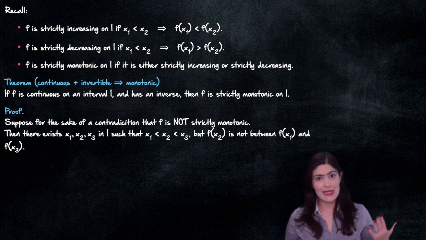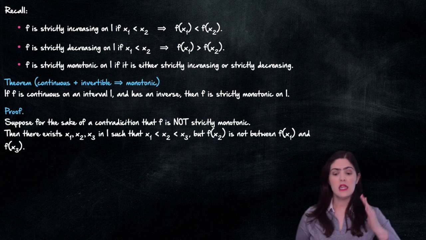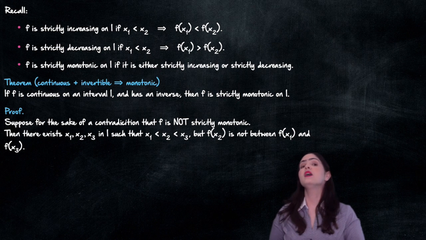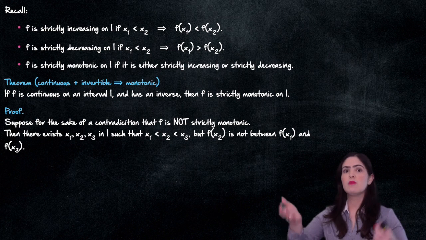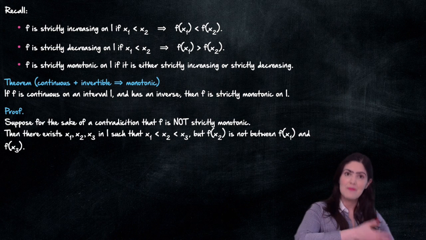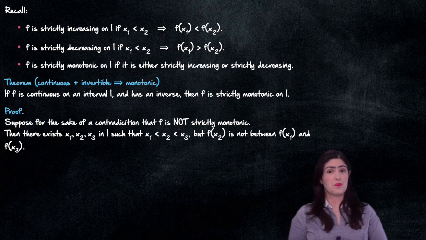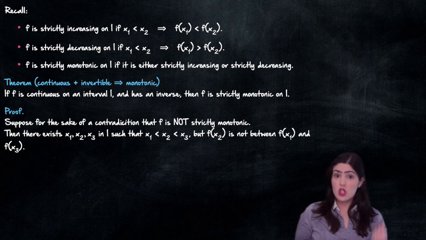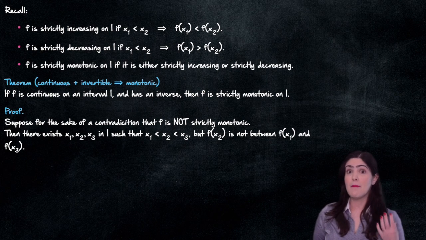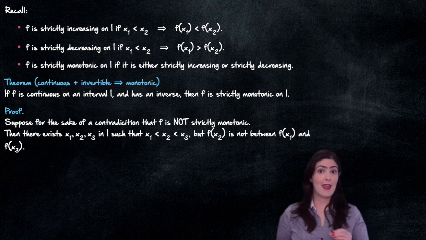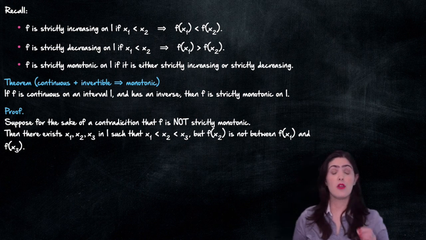If it were strictly increasing, then it would be f of x1 less than f of x2, less than f of x3, and if it were strictly decreasing, it would be f of x3 less than f of x2, less than f of x1. So because we're assuming that our function is not strictly monotonic, f of x2 is not between f of x1 and f of x3.